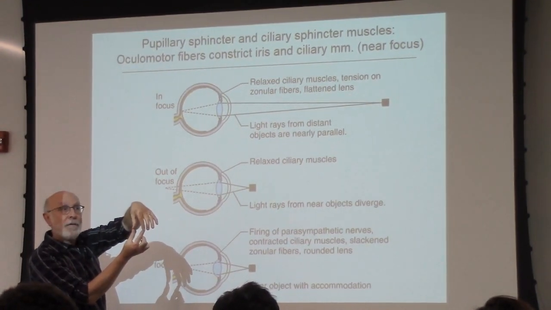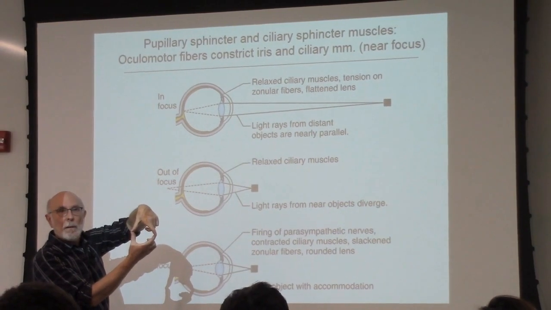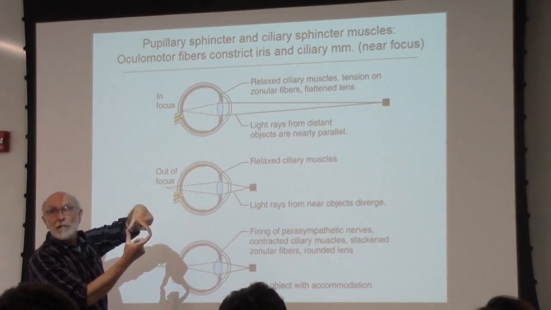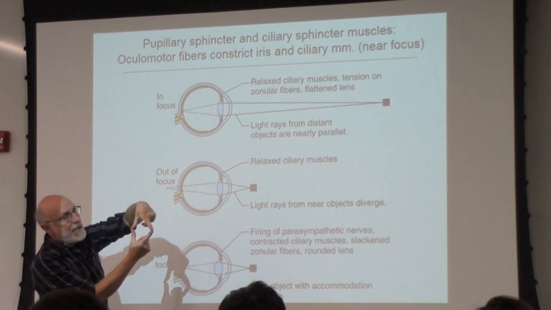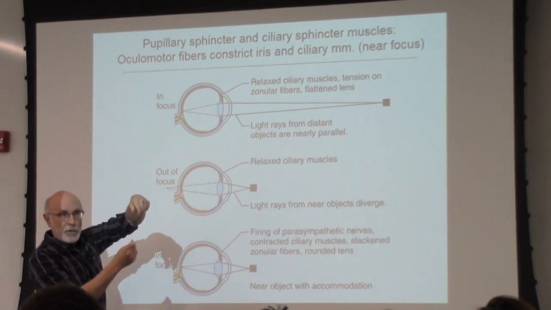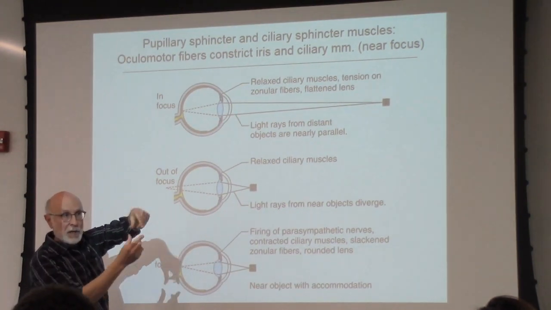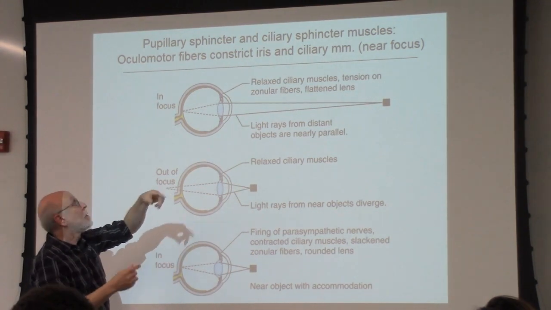By itself, it would round up. That's its natural shape, to be round. But if I put a lot of tension on it from those ligaments, I can flatten it.